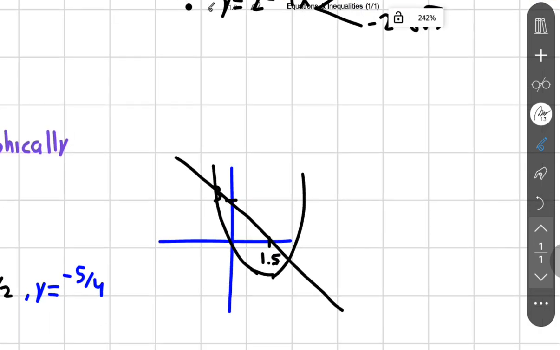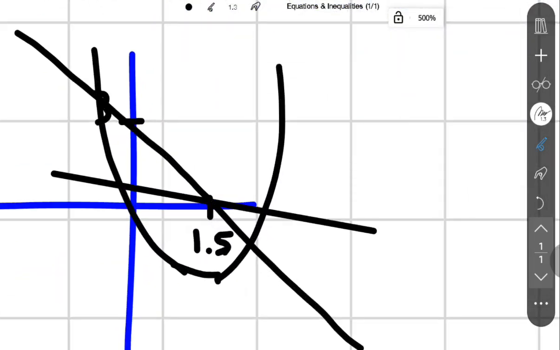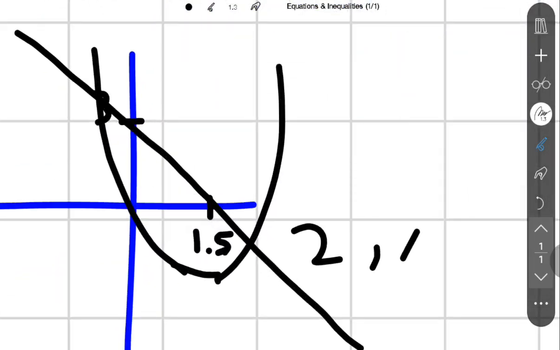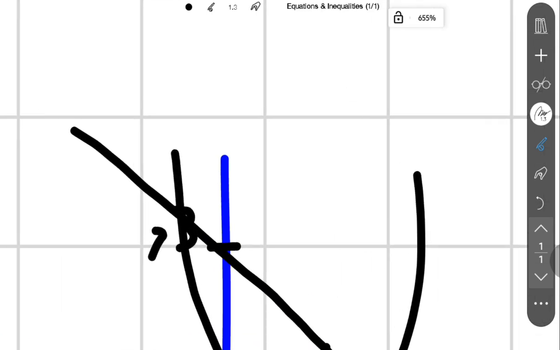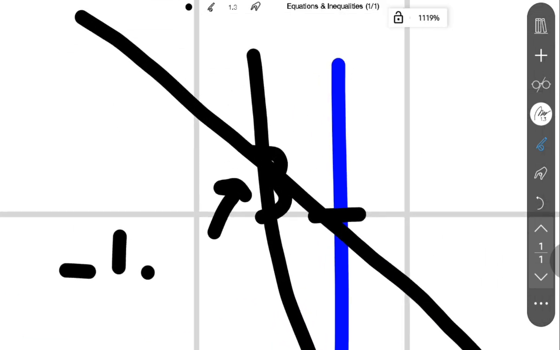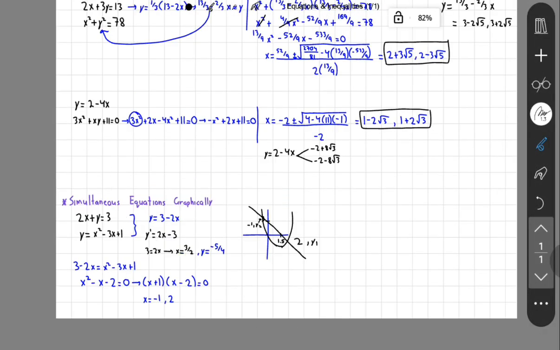Since I equated both of them, I actually got their points of intersection, which would be here, as I said, 2 and some y coordinate, let's say it's y1, and here it will be -1 and y2.